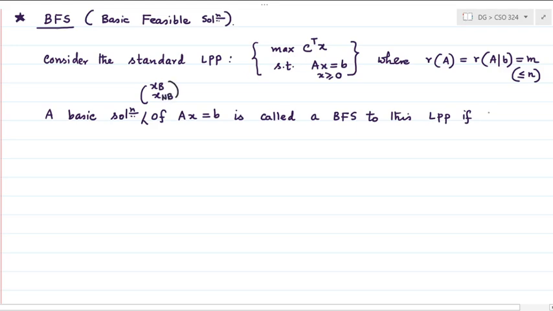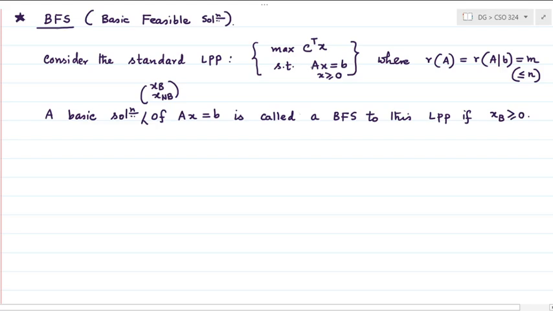if all the variables, that means your xB greater than or equal to 0, because in the solution you have xN all equal to 0 because it is assumed as a basic solution. So xN is equal to 0, and obviously it is satisfying the greater than or equals to 0 restriction. So if you have the values of xB in your basic solution greater than or equals to 0, then we call it a basic feasible solution.